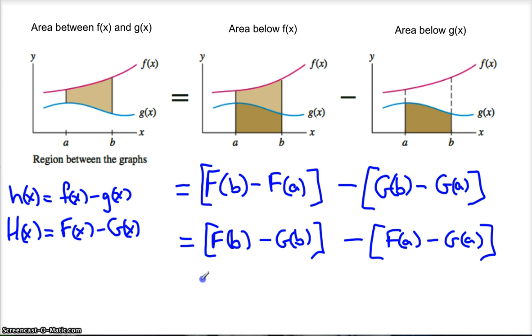So the area from a to b can be calculated using H of b minus H of a. And I'll show you how this simplifies things just a little bit in the next few examples.